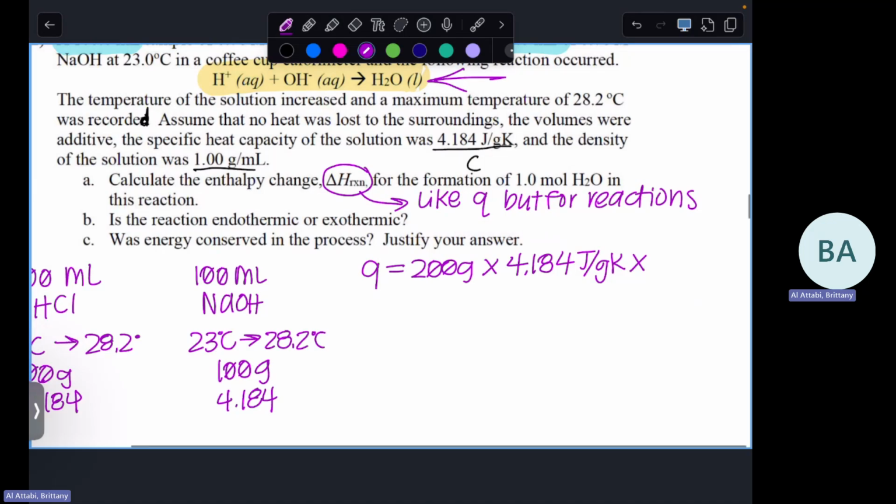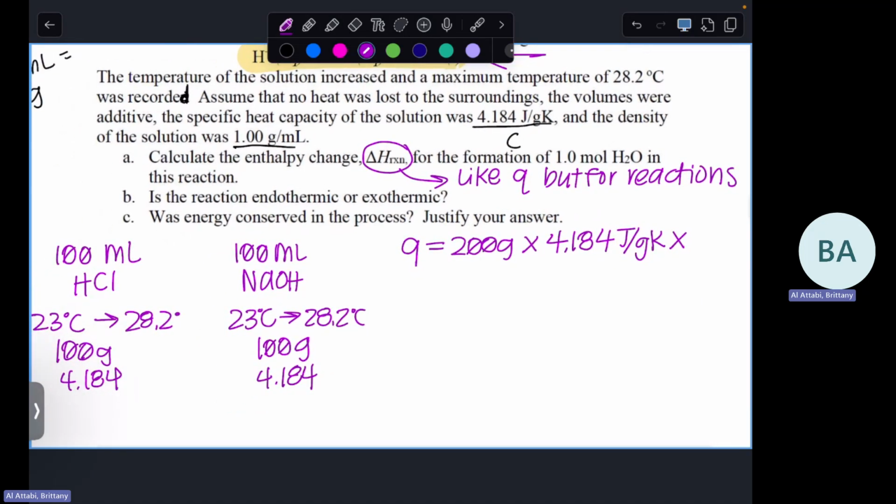And I know that my temperature change, I went from 23 degrees to 28.2, so 5.2 degrees. And I'm going to write Kelvin. So Q for my solution is that. Who had a question?